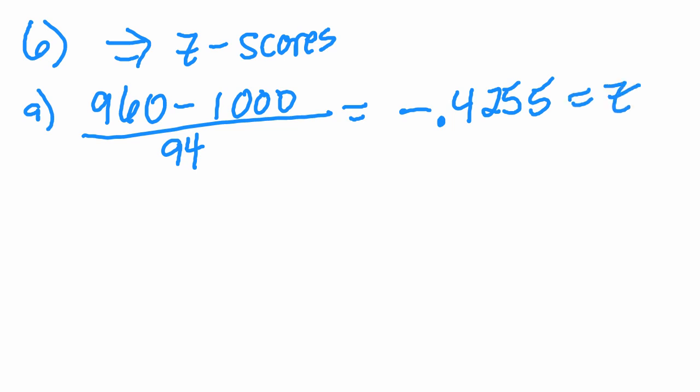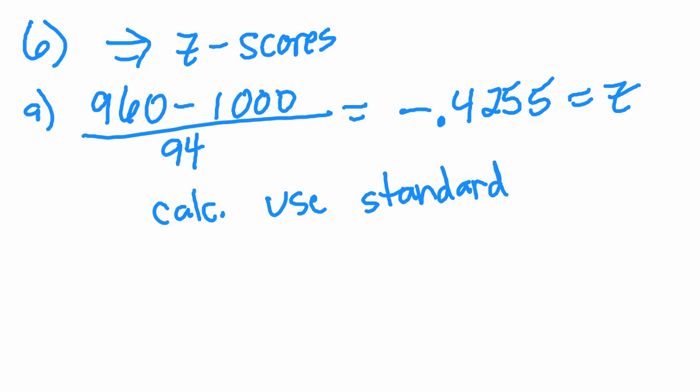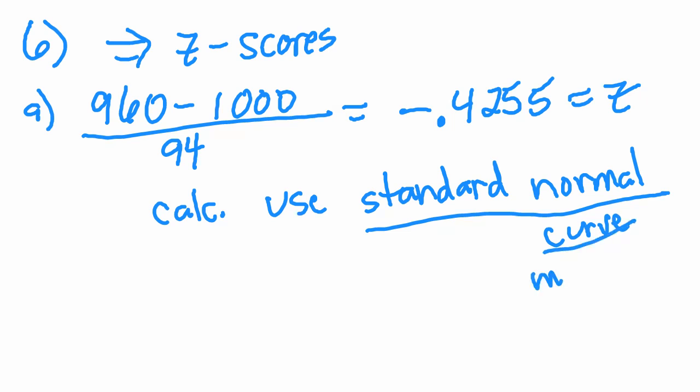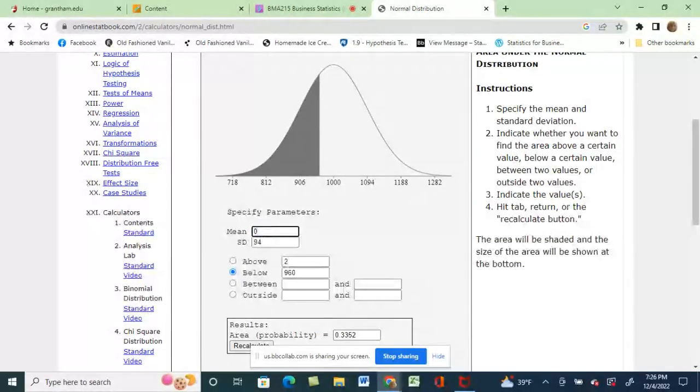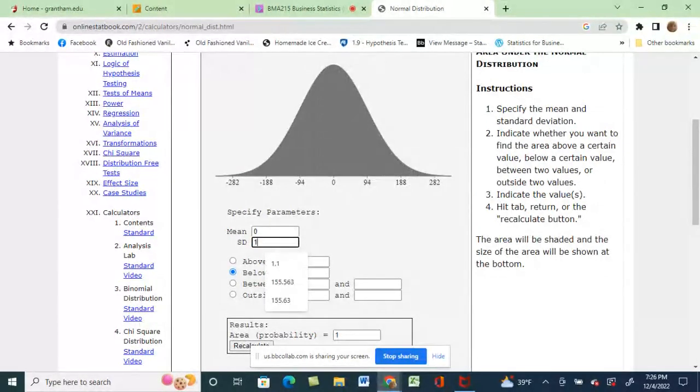And then you go to the calculator and you use the standard normal curve. Since you've already found the z-score, we're going to use the standard normal curve. That means mean is 0, standard deviation is 1. Let's see if we get the same answer. We want it below.